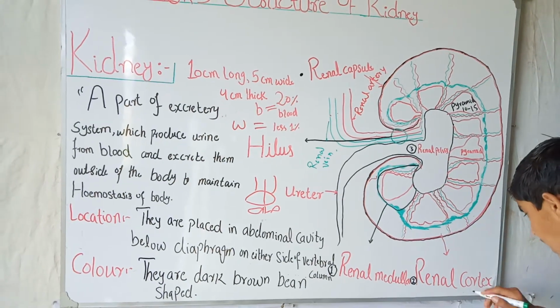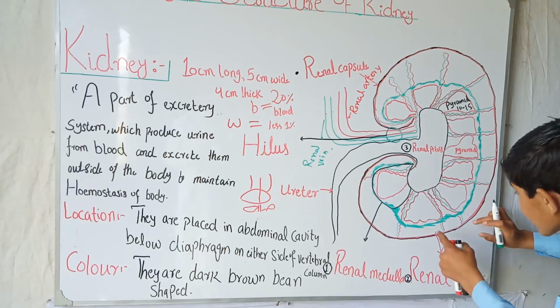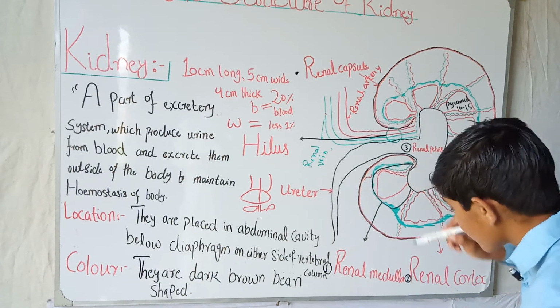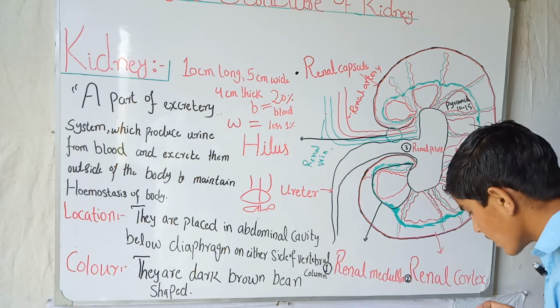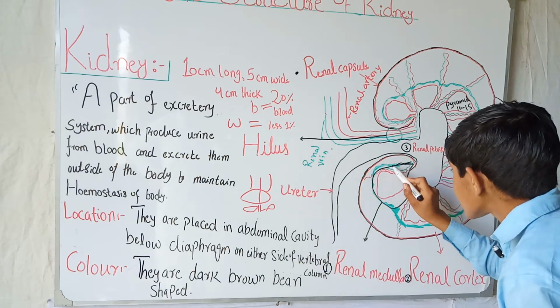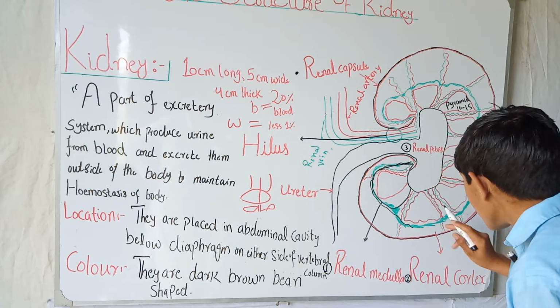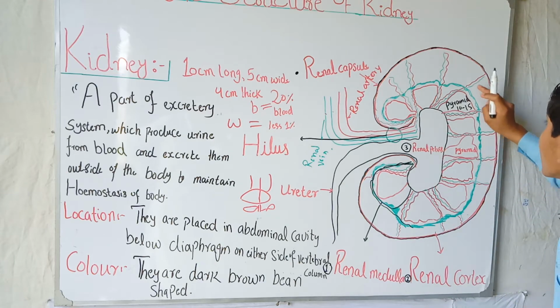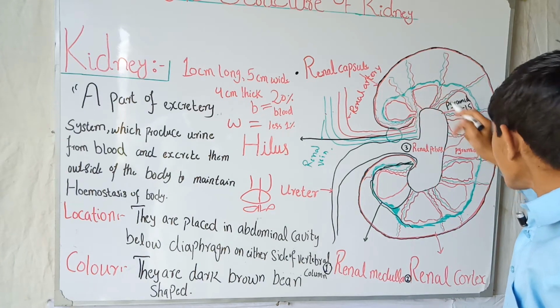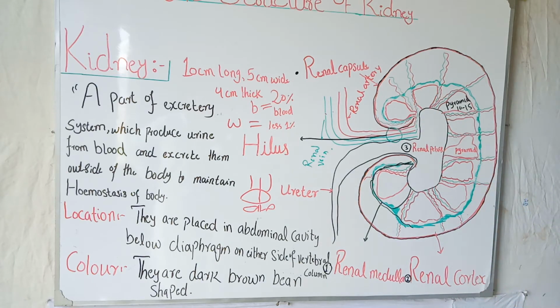One is the renal cortex. This outer part, this green portion all over the outside of the kidney, is called the renal cortex.